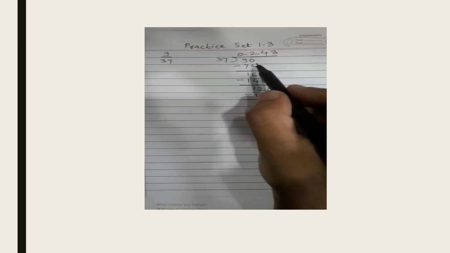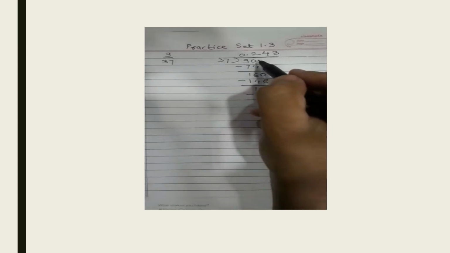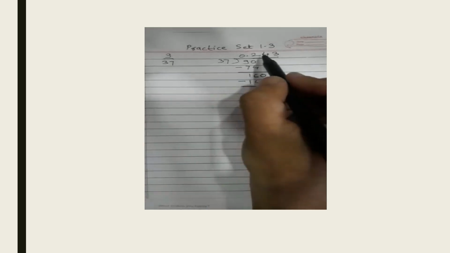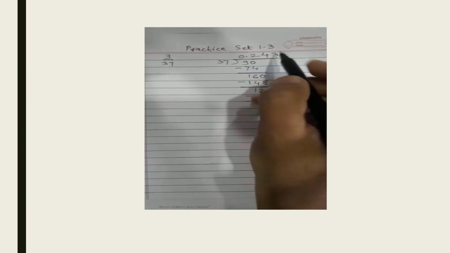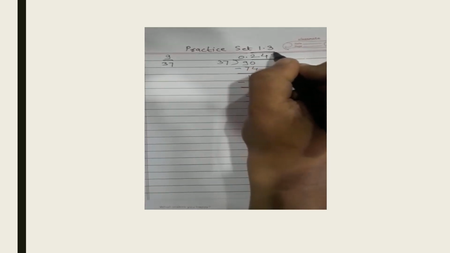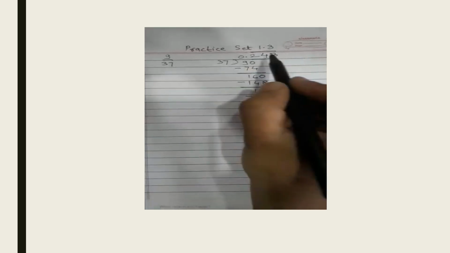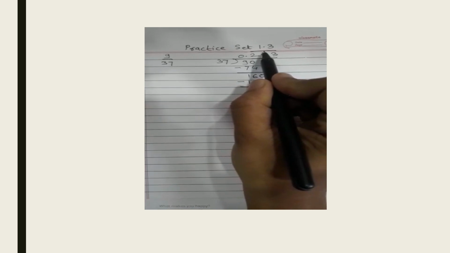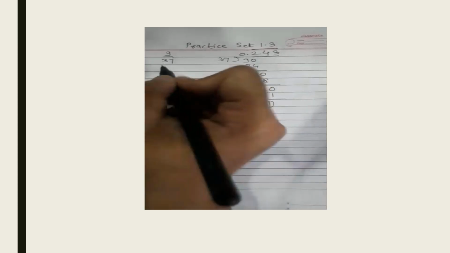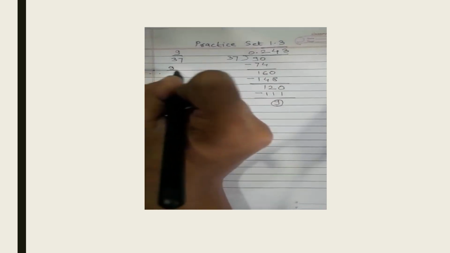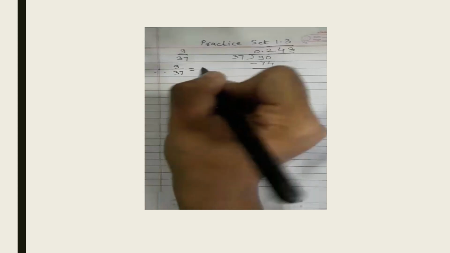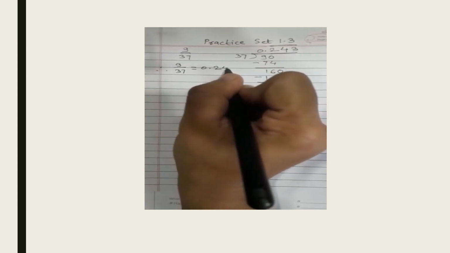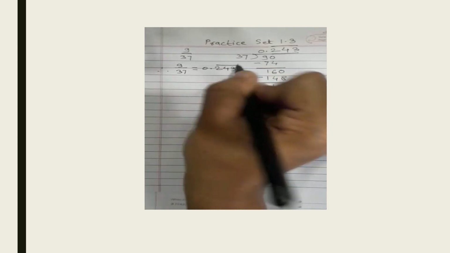So the division will repeat from this place and therefore these three digits in the quotient will be repeated, and therefore we give a bar on these three numbers. This bar is the sign of recurring and therefore 9 upon 37 is equal to 0.243 recurring.